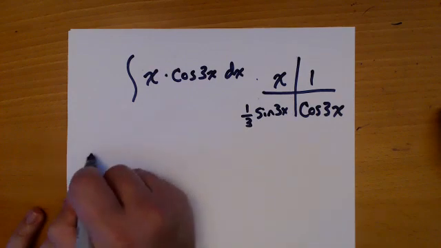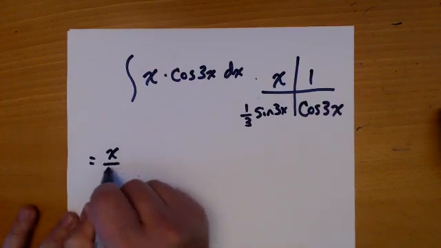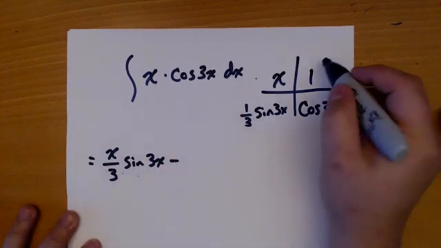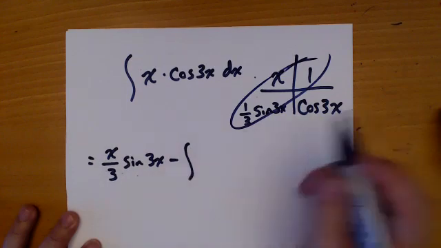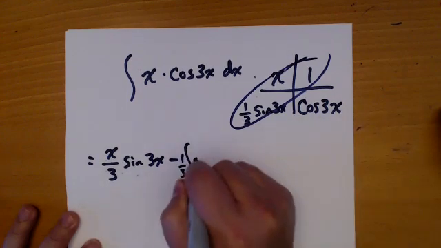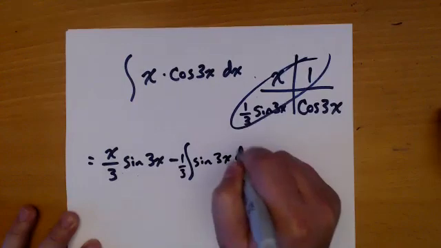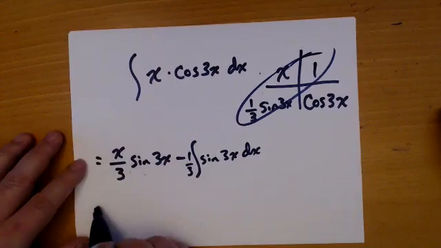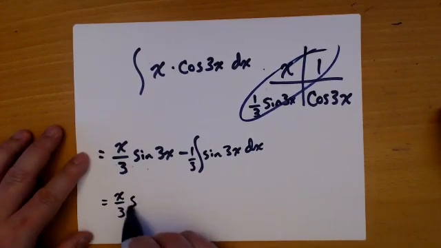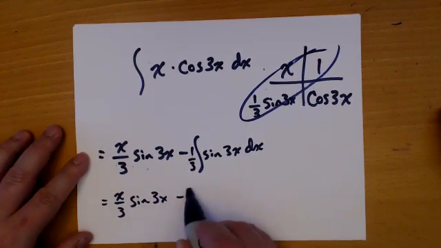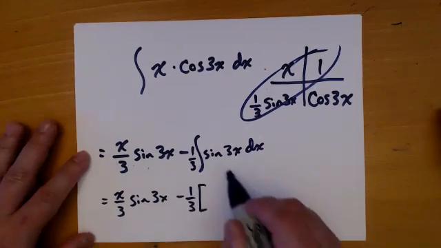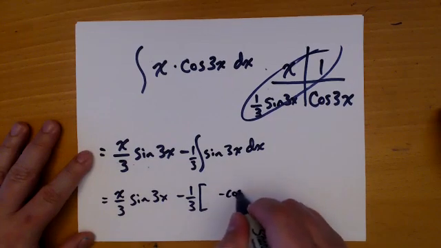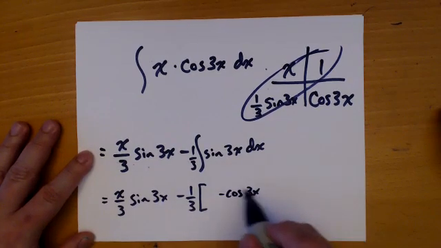Okay? So your answer is x over 3 sine of 3x minus the integral of 1/3 sine of 3x dx. And now we got to do that integral. And the integral of sine is negative cosine. And then I need the reciprocal.